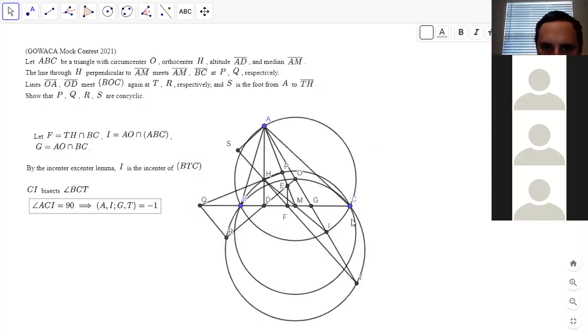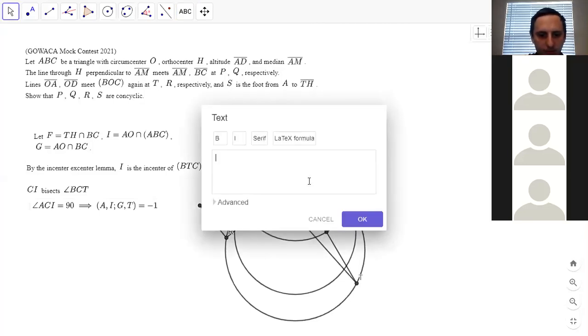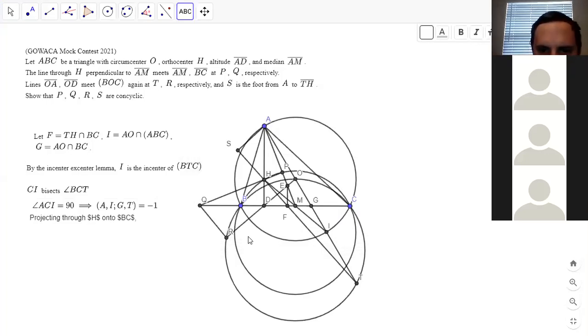And then we project through H onto BC. Then we have D, M. Just want to make sure I get the order of this right.